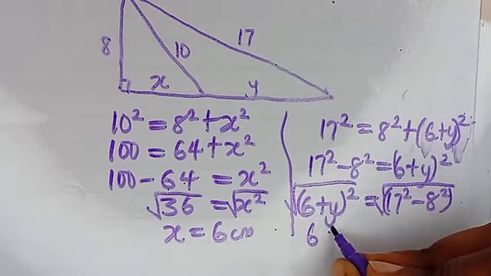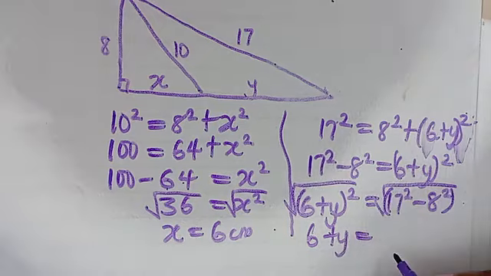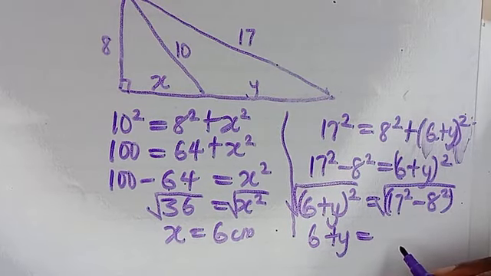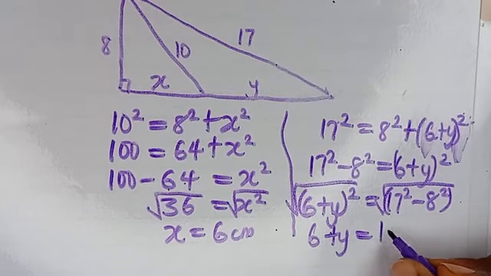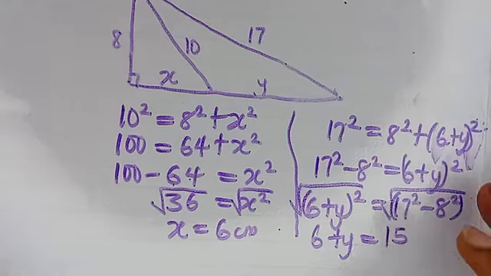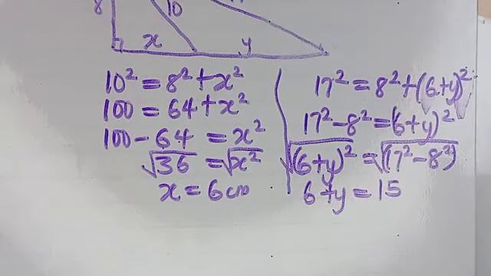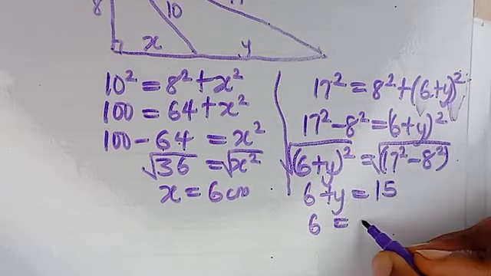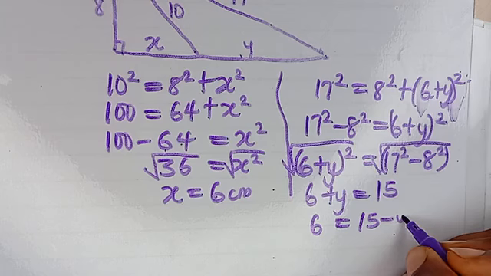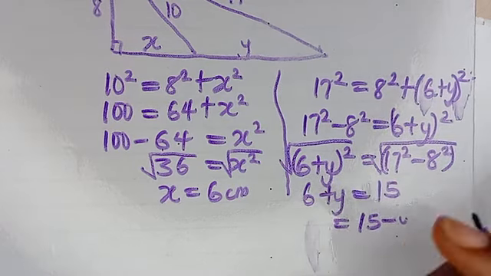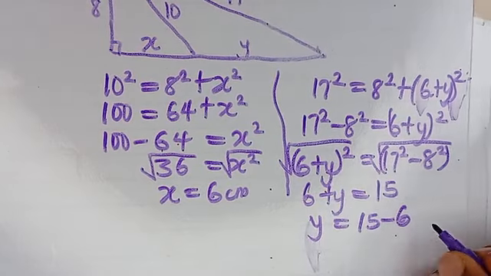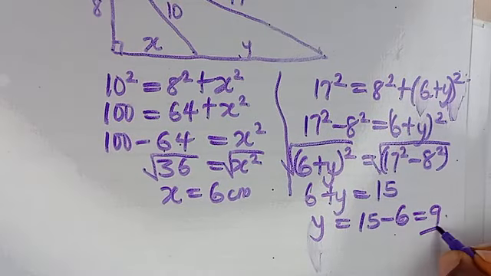We have that 6 plus y is equal to the square root of 17 squared minus 8 squared, which is 15. We have that 6 plus y is equal to 15. Therefore, y is equal to 15 minus 6, which is equal to 9.